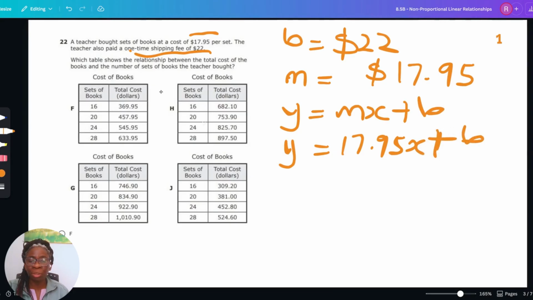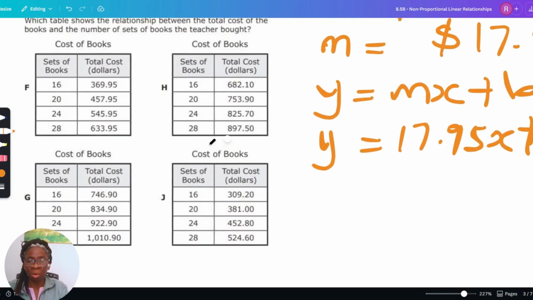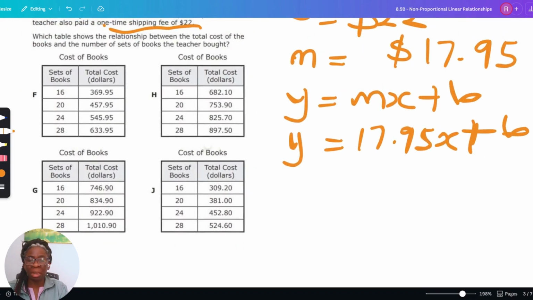Let's look at this table so we can confirm which table is correct. Let's choose 16 as the x; we have 16, 20, 24 and 28.